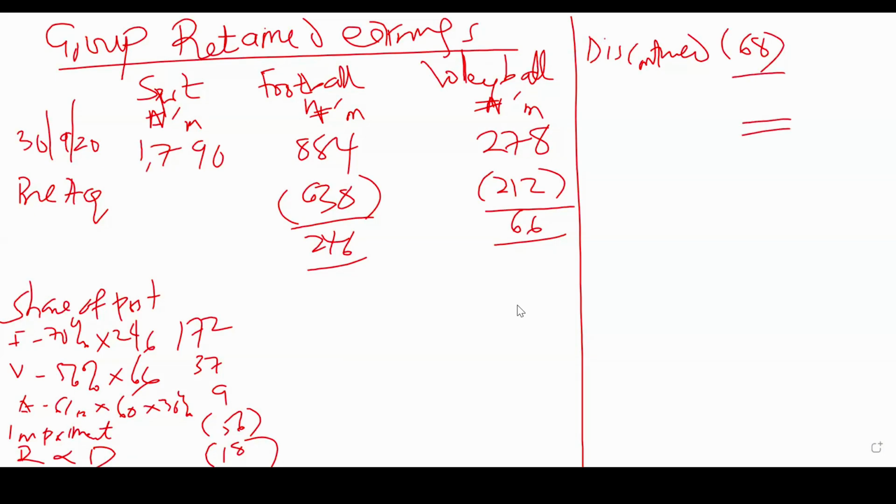All right. Now let's close this off by adding 1790 plus 172 plus 37 plus 9, minus 56 minus 18 minus 58.